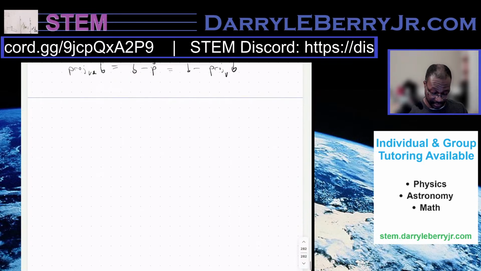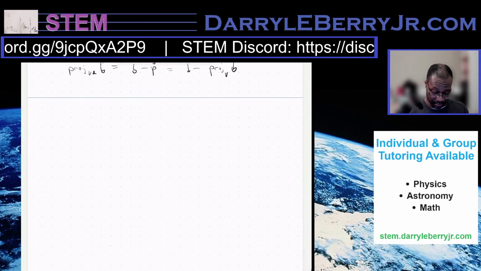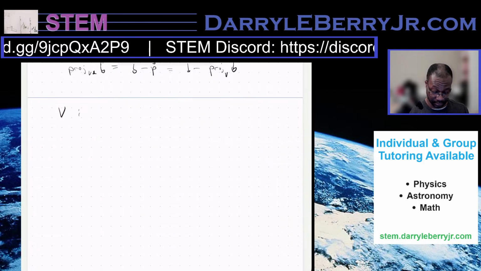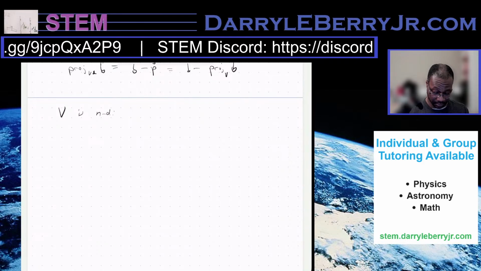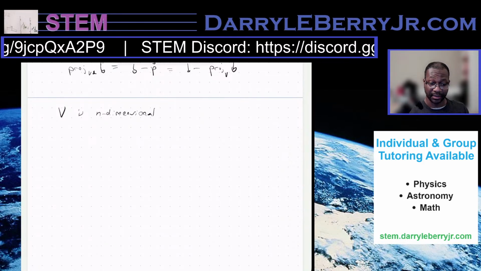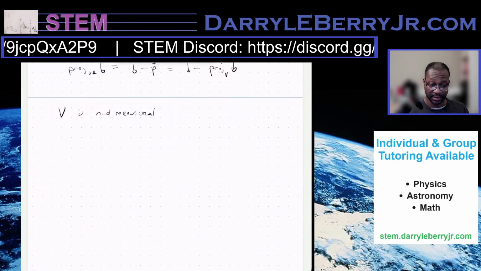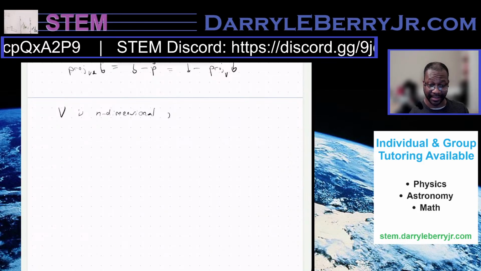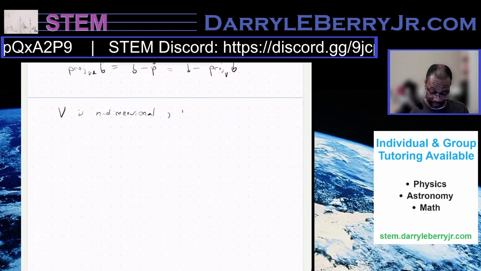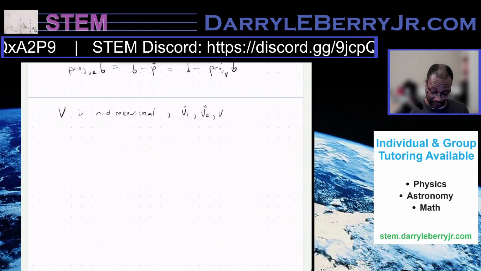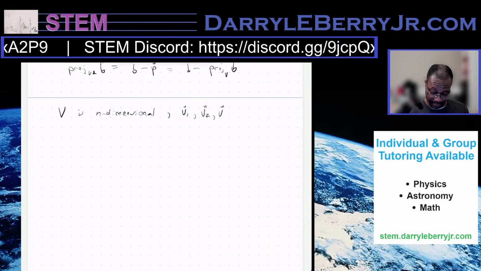Suppose V is n-dimensional and the vectors that span V are V1, V2, up to Vn, let's say.